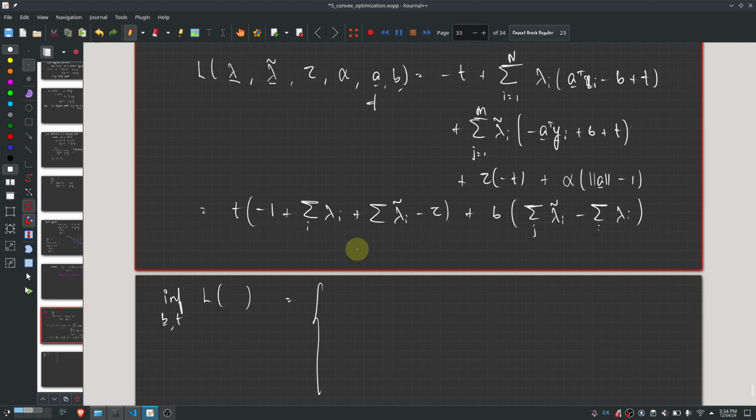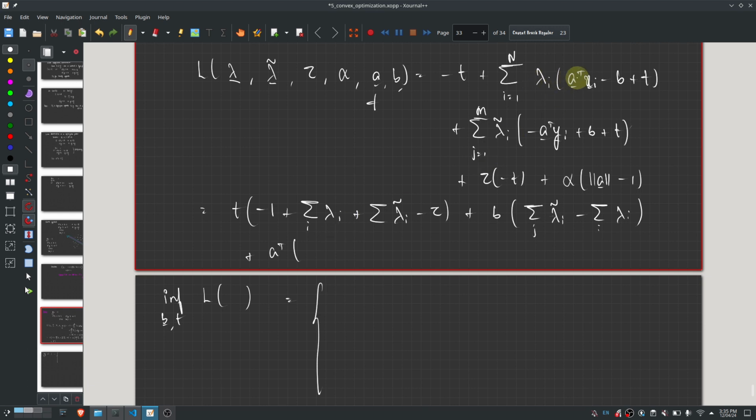Okay, plus what remains. So let me bring the terms involving A together. Plus A transpose into, because this is a constant, right?